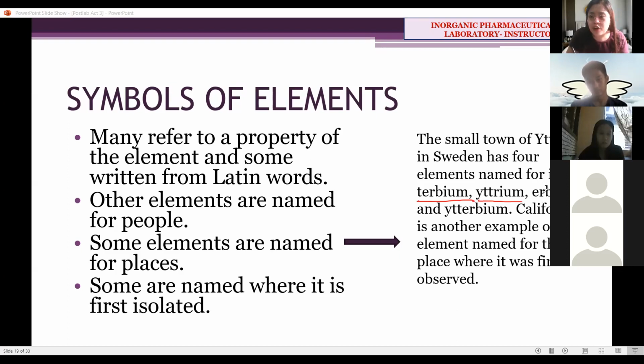Four names, four elements di ay. Terbium, yttrium, erbium, and ytterbium. Kana sila tanan upat na elements in the periodic table, sa isa ka place lang sila giname sa Ytterby from Sweden. And then syempre kani siya another element californium, sa name pa lang daan kabalo na ta asa na to na siya first na discover sa California, mao nang gitawag siya Californium. So pwede po na siya ang reason nga nung ingana ang name sa element.